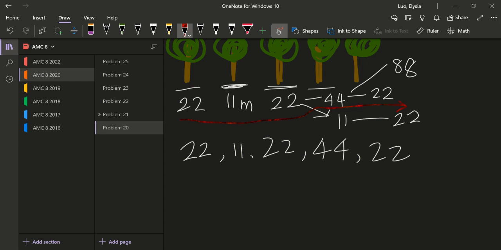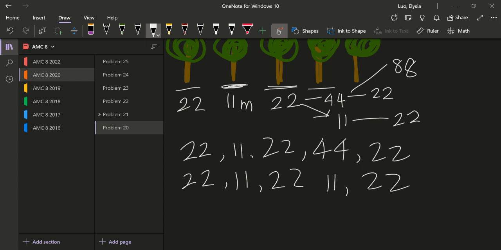Now, it can also be 22, 11, 22, 11, and 22. Now, the last option would be 22, 11, 22, 44, and 88.